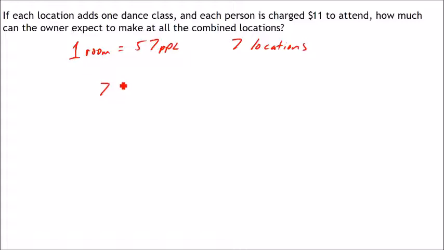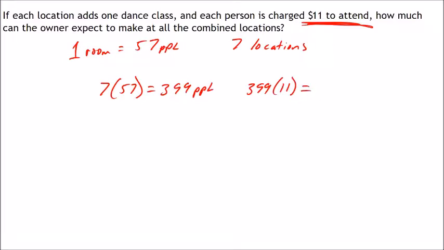So 7 locations times 57 people will give us a total number of 399 people for all 7 locations with those one dance classes if they all held 57 people. Okay. Now, each one of those people, though, is going to be paying $11 to attend. All right. So now I can take the 399, multiply that times $11, and that should give us the total amount that he could expect to make if everybody showed up. $4,389. Okay. And that is the end of that one.